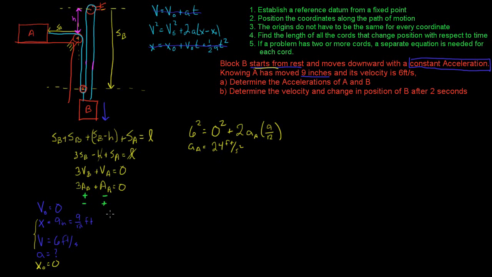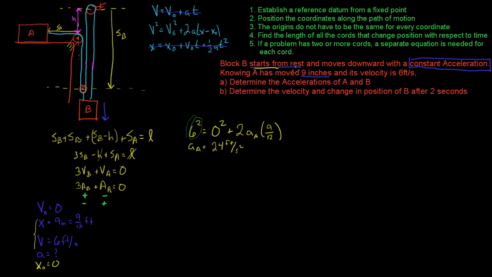Now, we don't know which one this is, and when we solve for the acceleration of A, we're going to get a positive number because of the square term right here. Because even if this was a negative number, when we square a negative number, we're going to get a positive number. So we're not sure. There's some ambiguity right here.